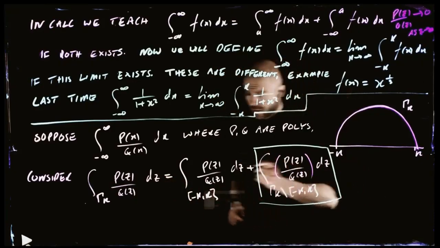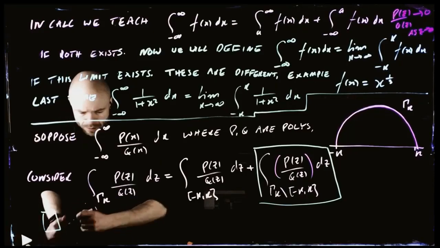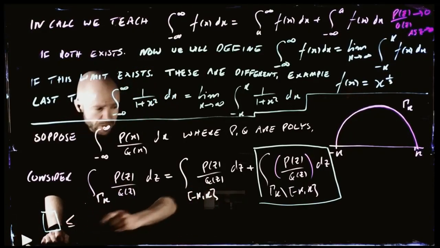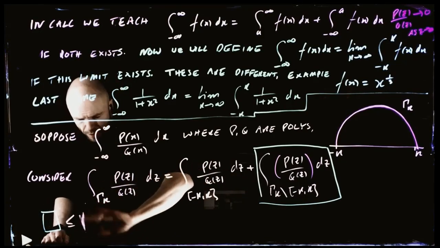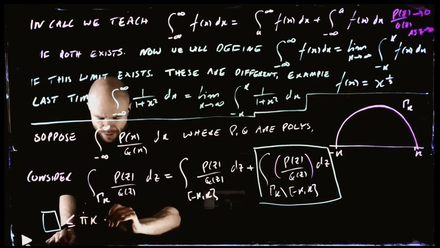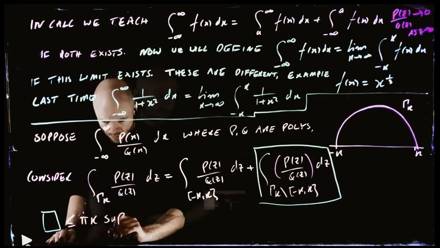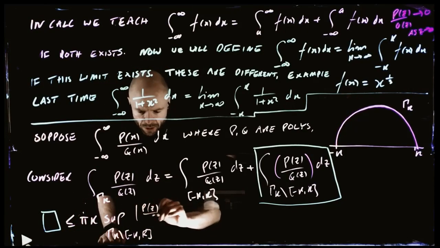So let's try and estimate this thing in the green box. The thing in the green box is less than the length of the curve, which is just pi times r, times the supremum over this set of the absolute value of p of z over q of z.